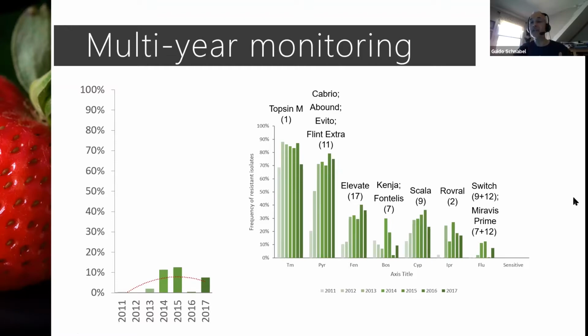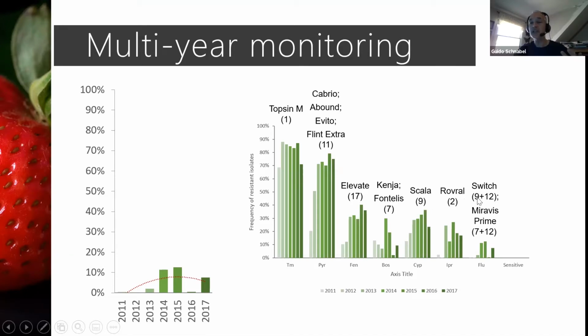And the fact that those compounds, Switch and Miravis Prime, come as a premixture will help prevent the fungus from continuing its quest to develop higher frequency of resistance to fludioxonil. So that's good news too, especially because the combination partner for Switch is also something where resistance hasn't developed very, very much.